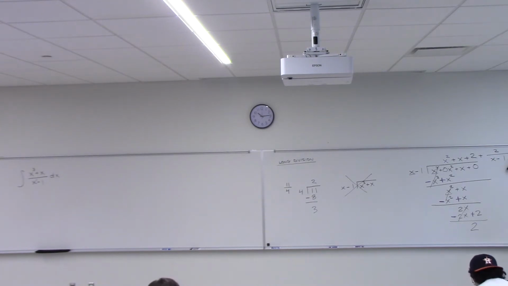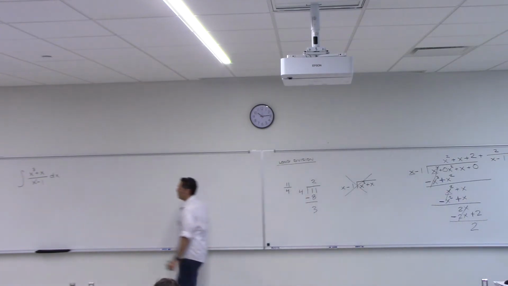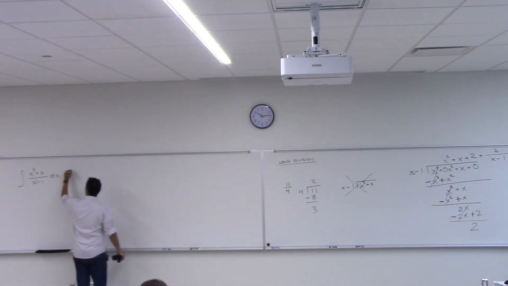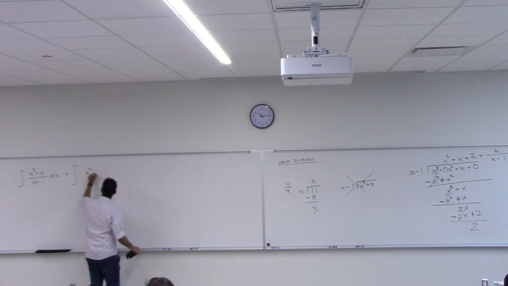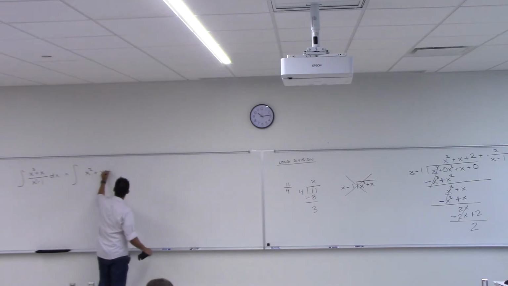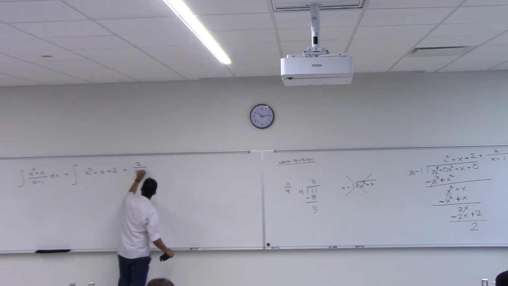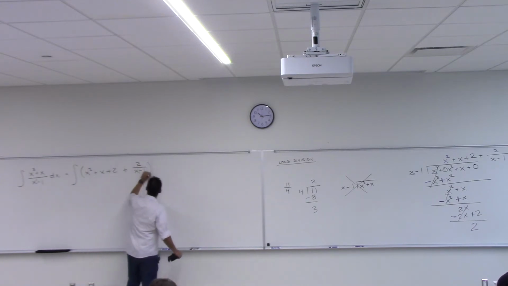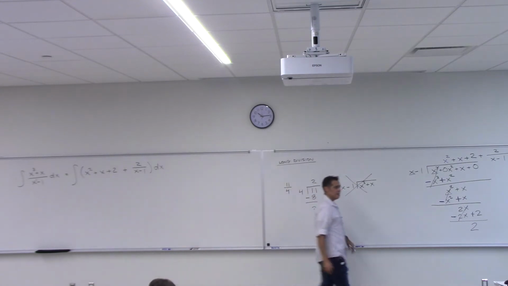Remainder over divisor. Come back over here. So what we're saying is this integral is really just x squared plus x plus 2 plus 2 over x minus 1, right? All that took was long division, and we've got it to that.